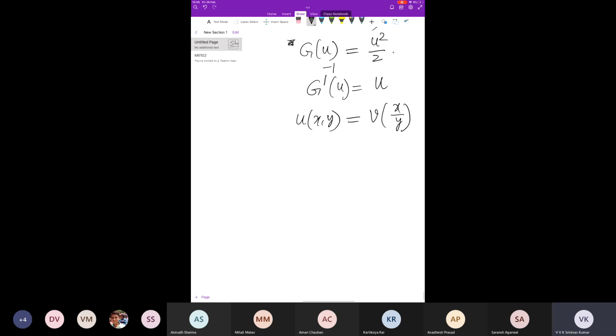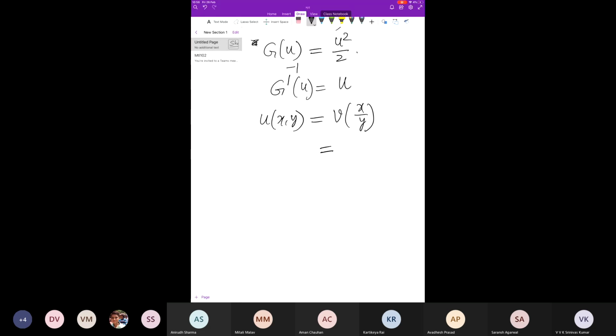This v is the inverse of g prime of u. Here, g prime is the identity function, so g prime inverse is also the identity, and it will be just x by y. So this v will be just x by y in our case.